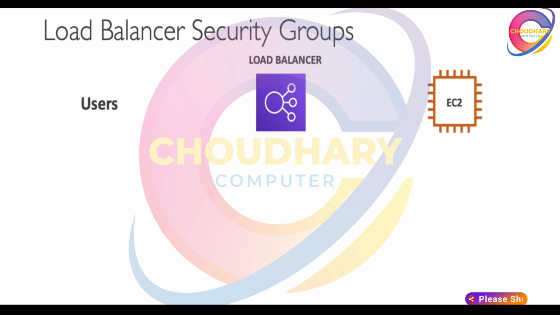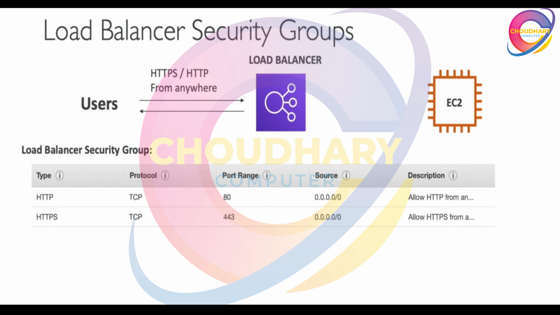Finally, you need to understand the security around load balancers. The users can access your load balancer from anywhere using HTTP or HTTPS, and therefore the security group rule is going to look something like this, where the port range is going to be 80 or 443, and the source is going to be 0.0.0.0/0, which means anywhere. And so we allow the users to connect to our load balancer. But then the cool thing is that the EC2 instances should only allow traffic coming directly from the load balancer.